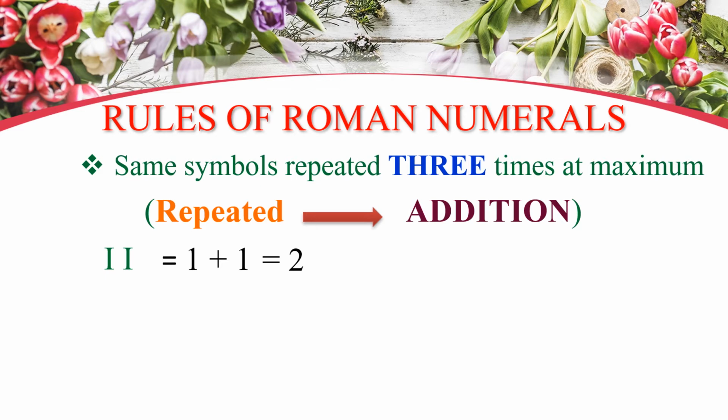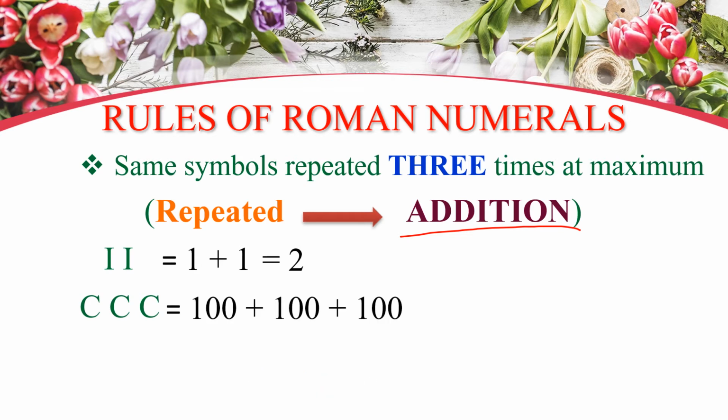Similarly, let us see one more example. C. We know that the value of C is 100. And if the symbol is repeated, what is the operation we need to do? The operation is addition. Therefore, 100 plus 100 plus 100 is equal to 300. Therefore, the value of 3 C's is equal to 300.